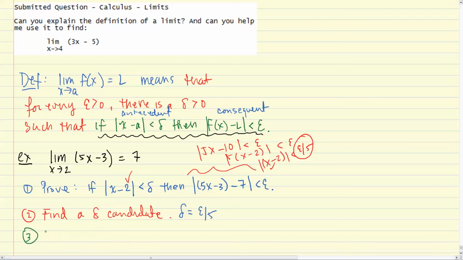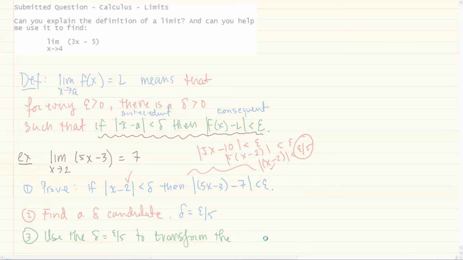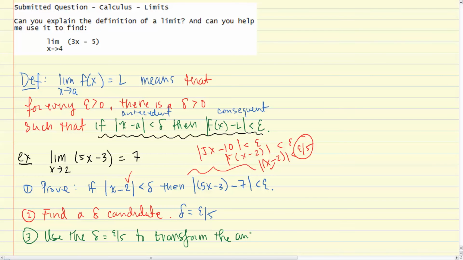Now we actually use the delta candidate to transform the antecedent into the consequent.